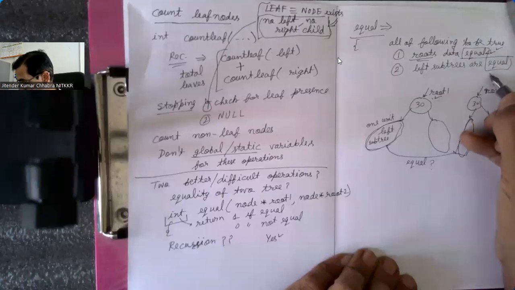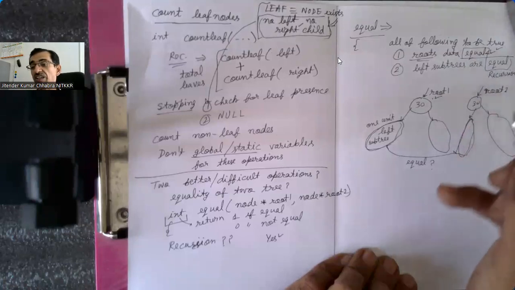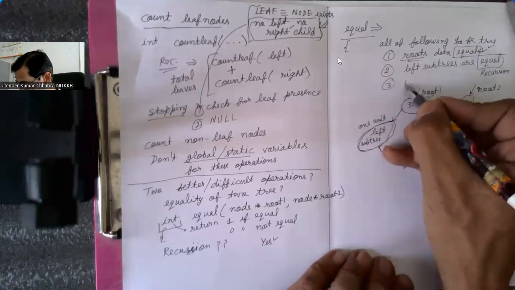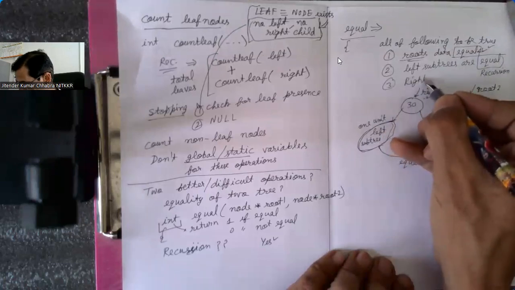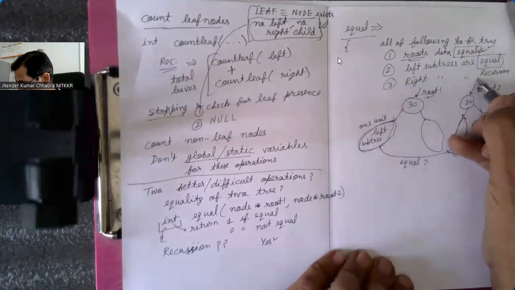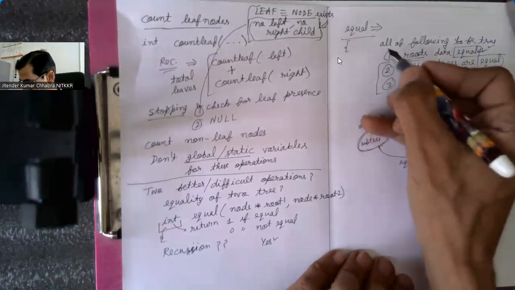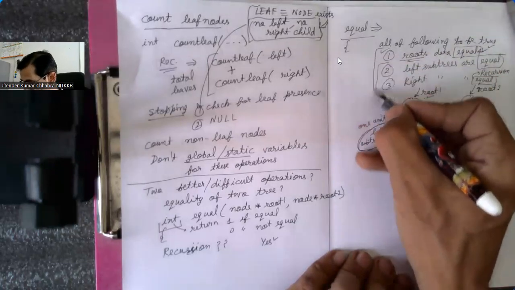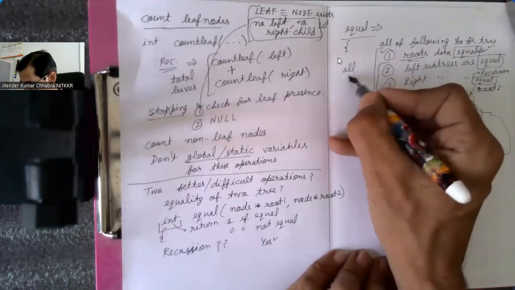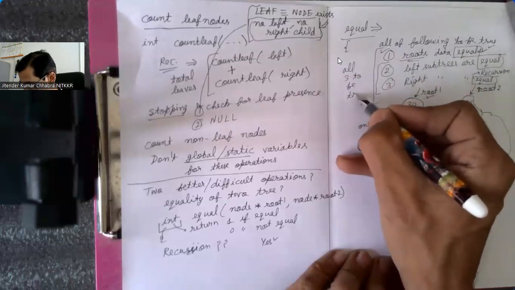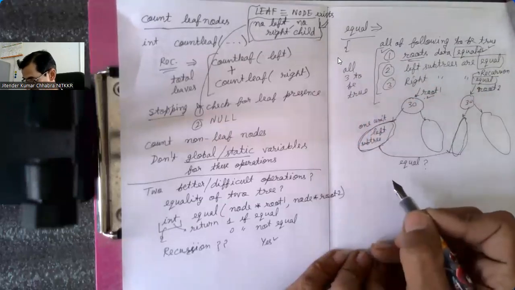Whether these are equal or not obviously means recursive. Recursion is visible here, I can easily see. And similarly, the right subtree to be equal, that also means recursion. So these two are recursive goals. This is the third step. All three to be true, then only it is true. If one of them is false, obviously false.